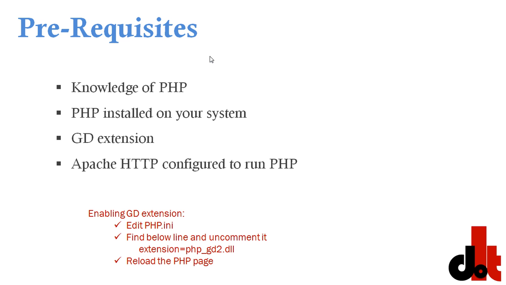By default, the GD extension comes with the PHP distribution, but it might be disabled based on the PHP version, so you can check php.ini to make sure it is enabled. Then you need a virtual directory and Apache configured to respond to PHP pages.